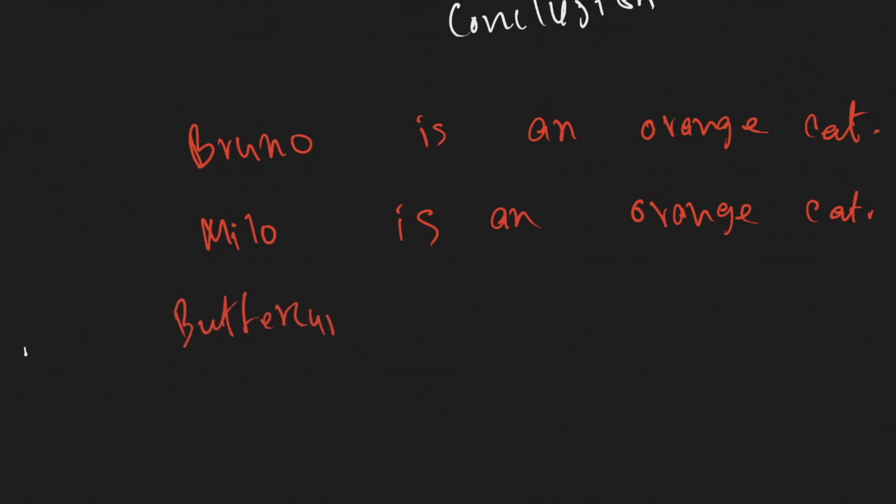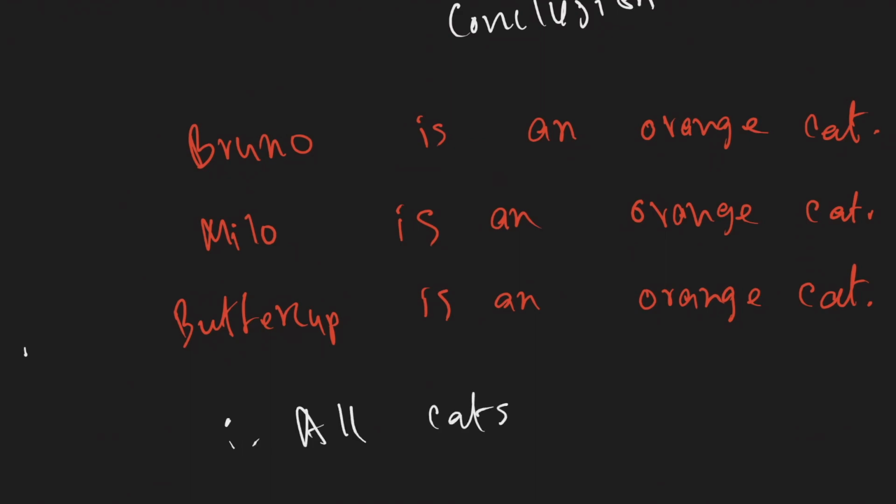Buttercup is an orange cat. So these are the 3 cats that you've seen your entire life. And you might then conjecture, you might then propose that therefore all cats must be orange.